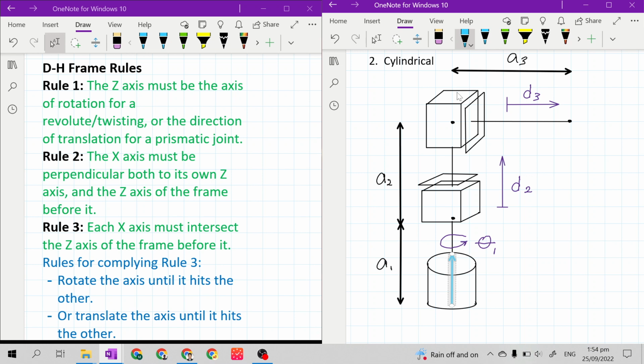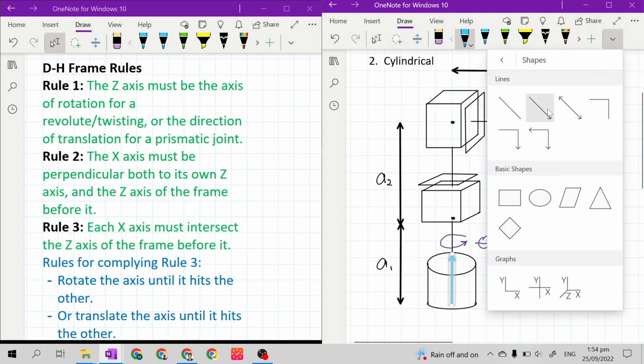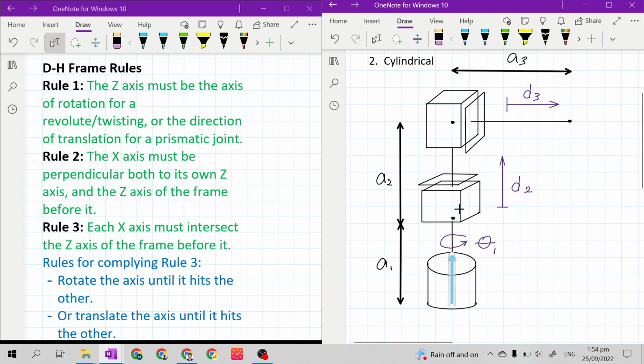Next, the next joint is a prismatic joint. So the direction of translation, based on the projected square, is here.